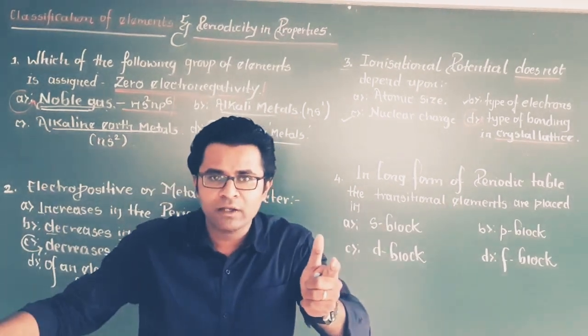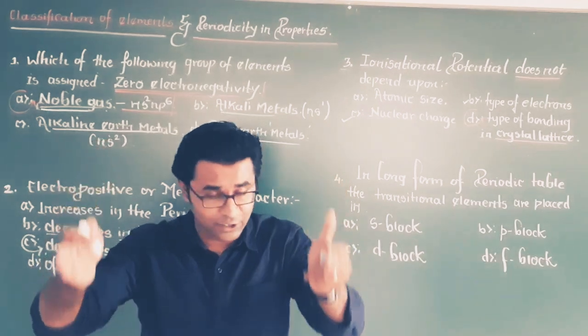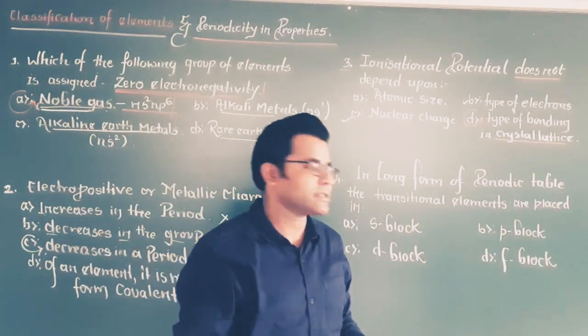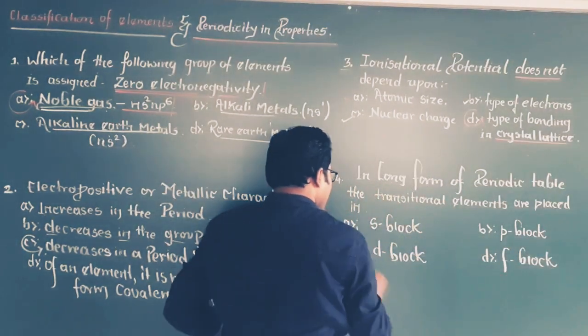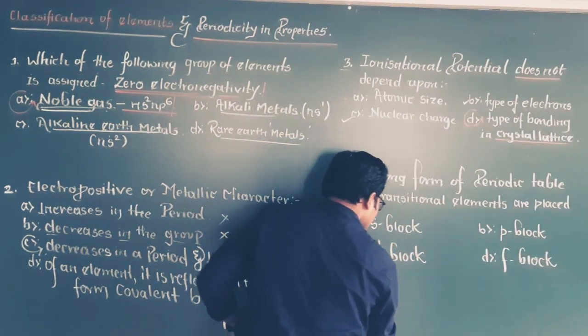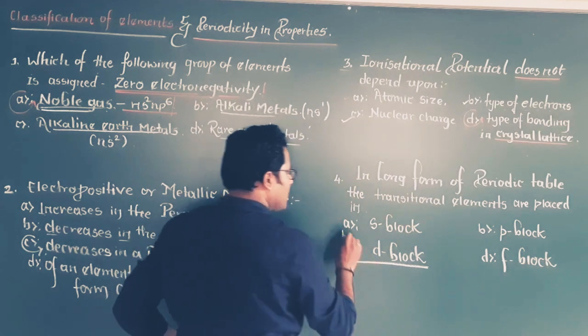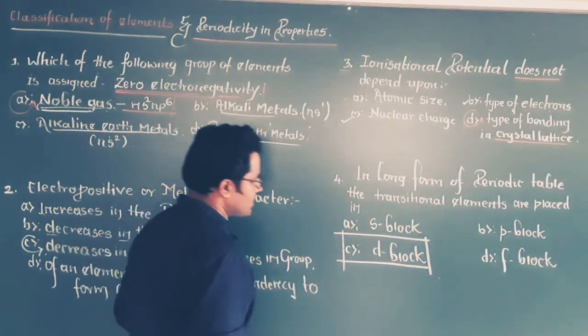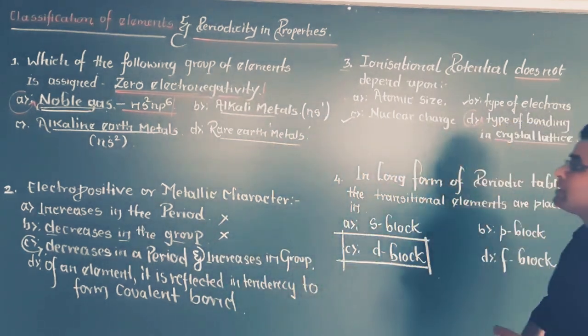Down are the F block. The middlemost section of the periodic table is going to contain the transitional elements. So, these are the four.